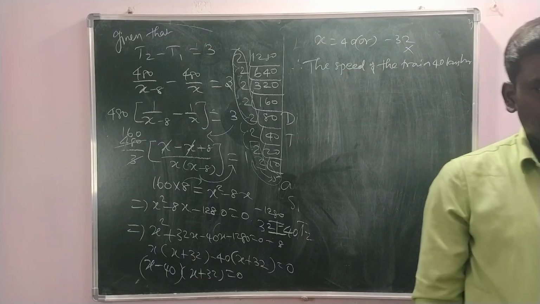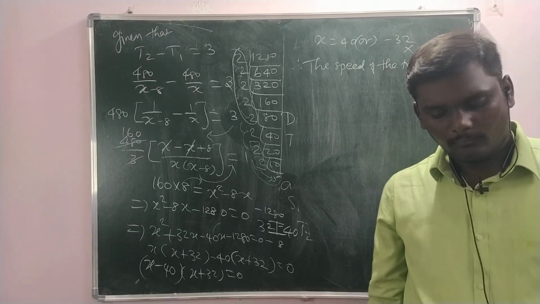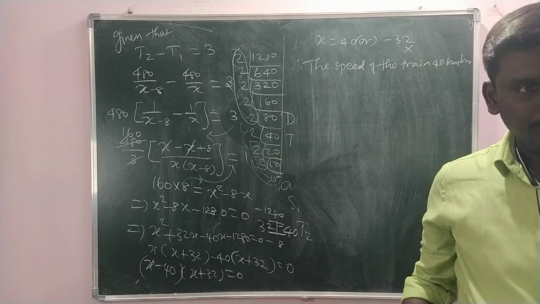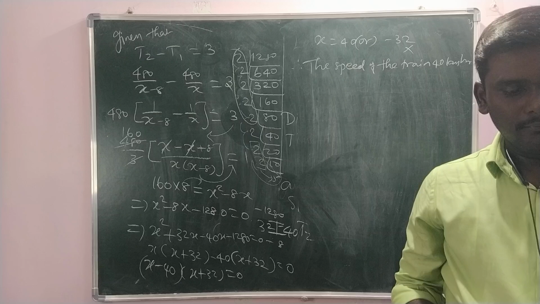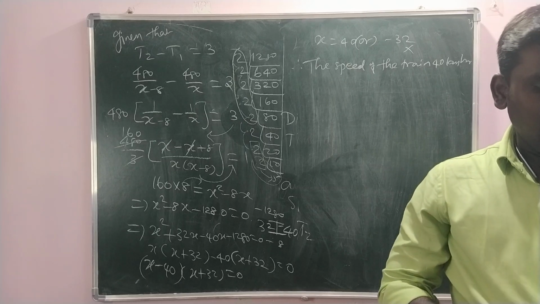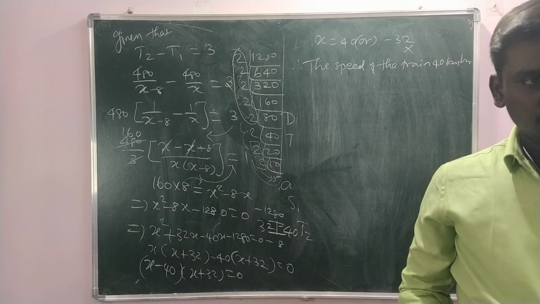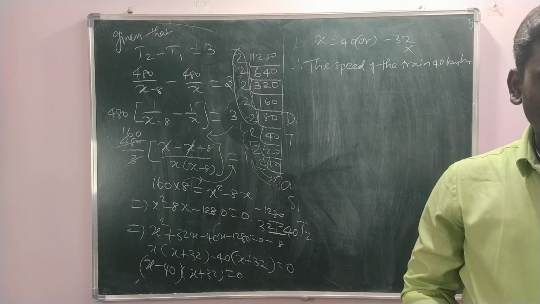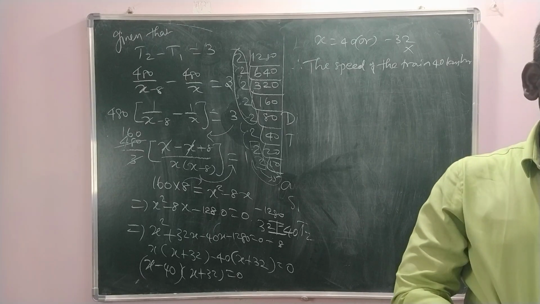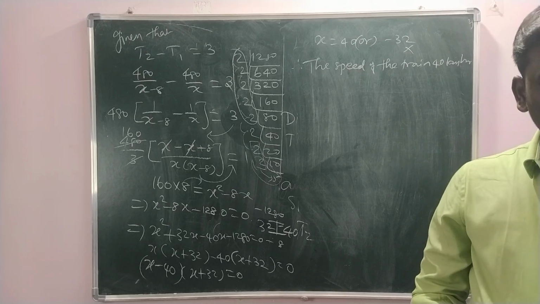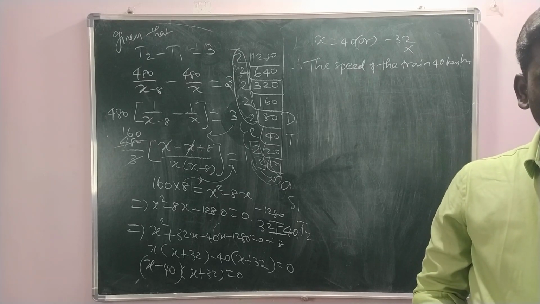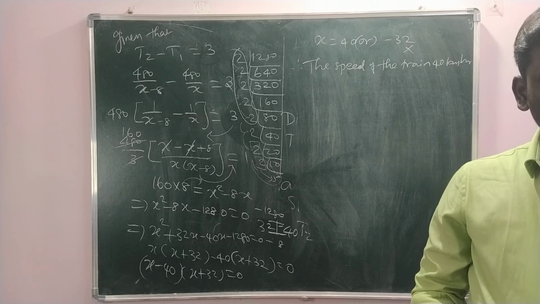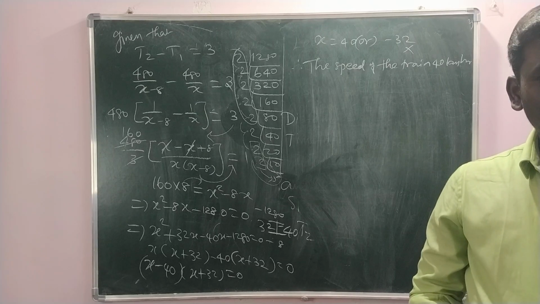Five more questions. It was there. Quadratic equations only you are seeing, is it? In that, an express train takes 1 hour less than a passenger train. See the priority 3, 5 mark question. Then priority 2, 5 mark question.